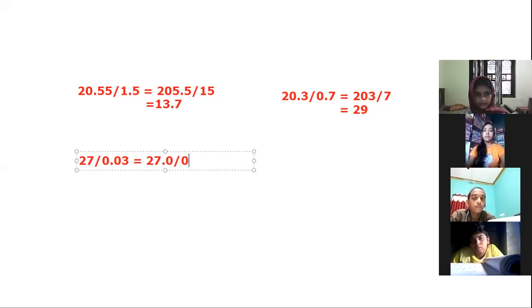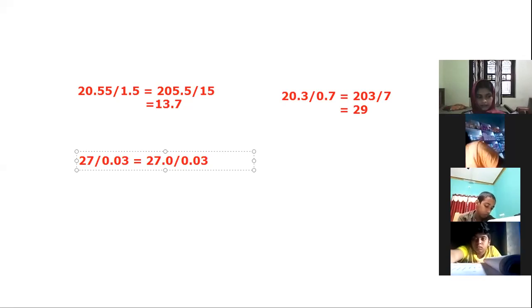And what about 0.03? How many digits are there after the decimal point? There are 2 digits. Then we know that the number of digits in the numerator and denominator are different. Then what do we have to do here?